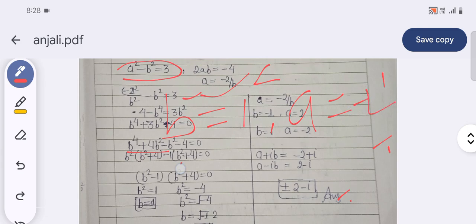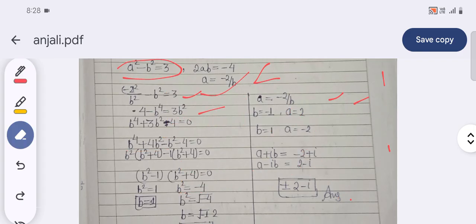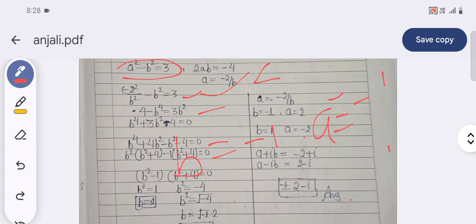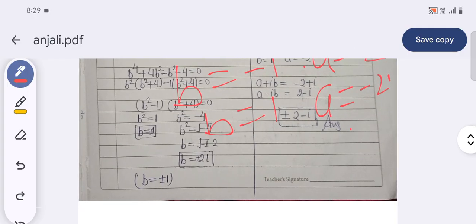And if we put b is equal to minus 1, a will come 2. So we have found the values of a and b. Is it clear?